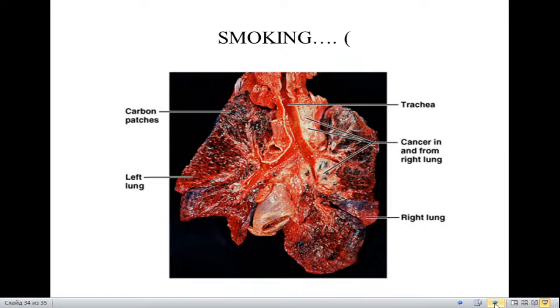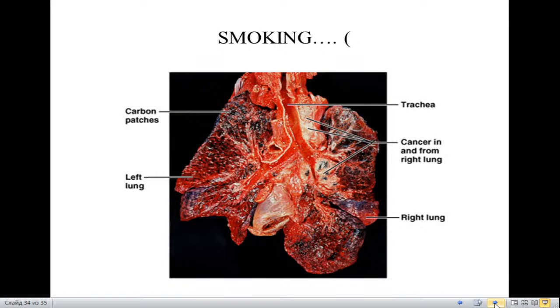So you see how the lungs of smokers look, because nicotine and other chemical substances stop and paralyze the movement of the ciliary epithelium, which covers the inside surface of the trachea and main bronchi.